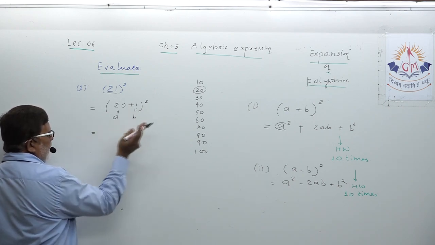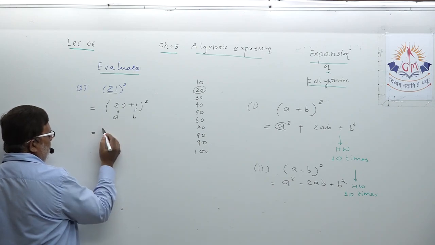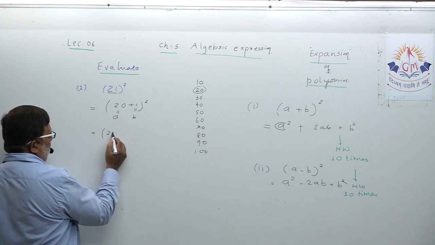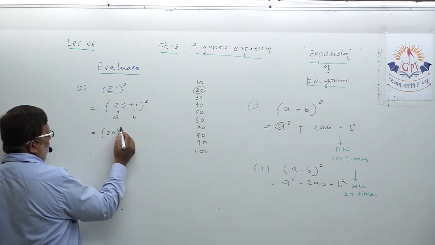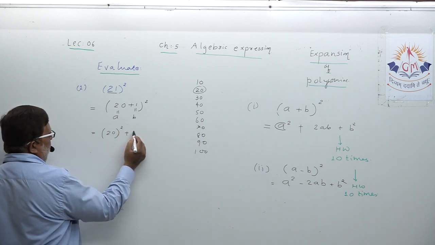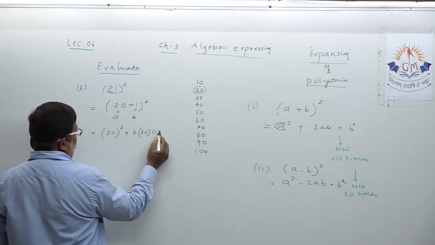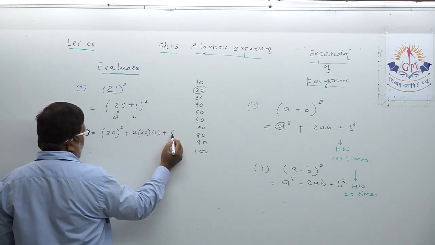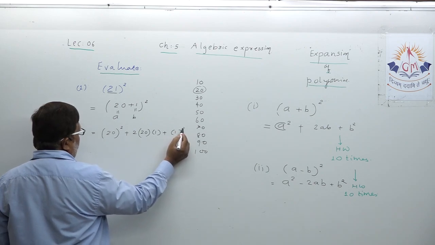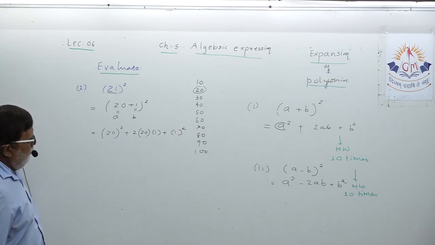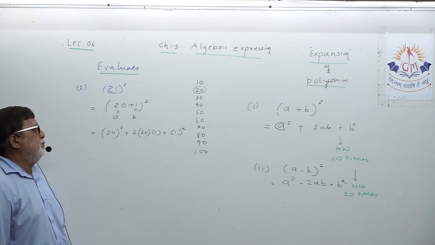Let us expand according to the first format. A square, in place of a you will write 20, plus 2ab, 2 into 20 into 1, plus b square, that is 1 square. First you verify this.